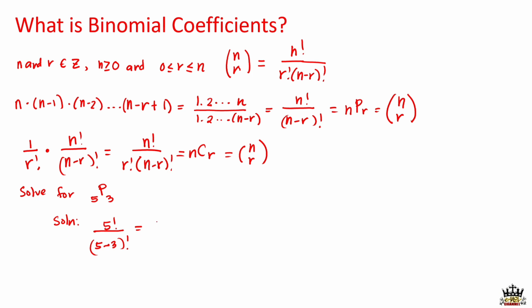Then 5 factorial is the same as 5 times 4 times 3 times 2 factorial, since 5 minus 3 is 2. So we have 2 factorial, so that we can easily cancel this. 5 times 4 times 3, the answer is 60.